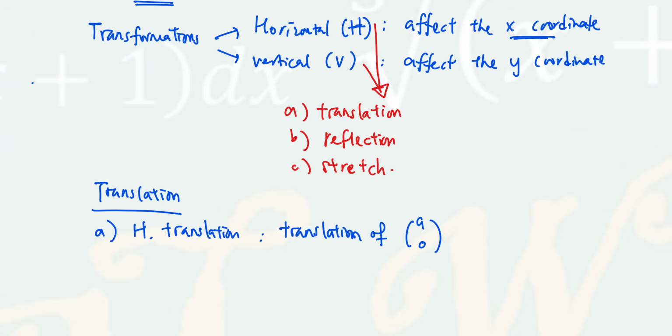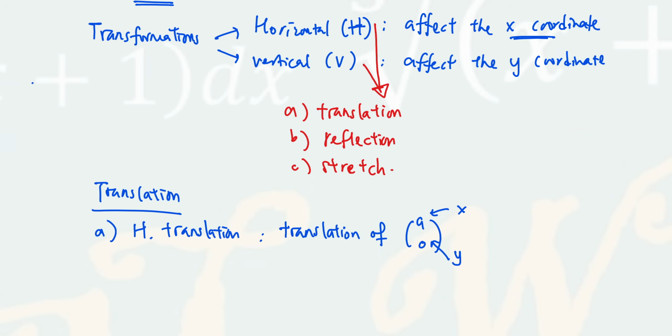So whenever you see a translation of A0, this is the x and this is the y coordinate, so the x is affected by A units. It means you have to either move the original graph to the right side or left side, depending on the A value, for the whole graph, because of the effect on the x coordinate.